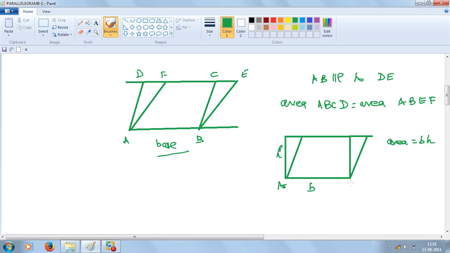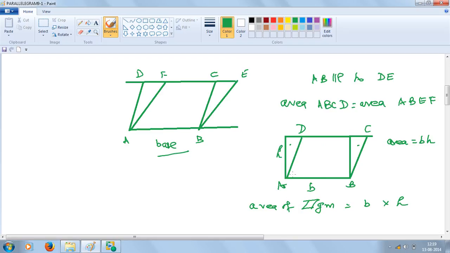We will take this parallelogram ABCD. The area of the parallelogram is also base times the same height. We can cut this triangle and put it here, and prove that these two triangles are equal in area.